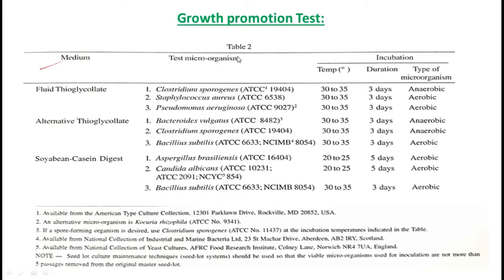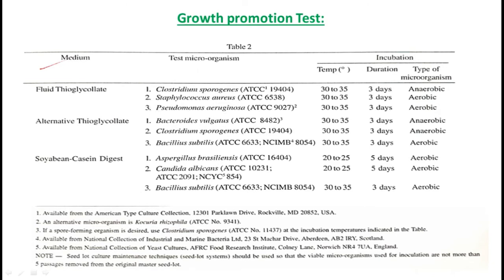So Table 2 indicates that, for example, for fluid thioglycolate there are 3 types of microorganisms. One is Clostridium sporogenes, which is an anaerobic type of microorganism. Another is Staphylococcus aureus, which is an aerobic bacteria. Third is Pseudomonas aeruginosa, which is an aerobic type of microorganism. So for each lot of medium, this medium is tested in duplicate for each microorganism.